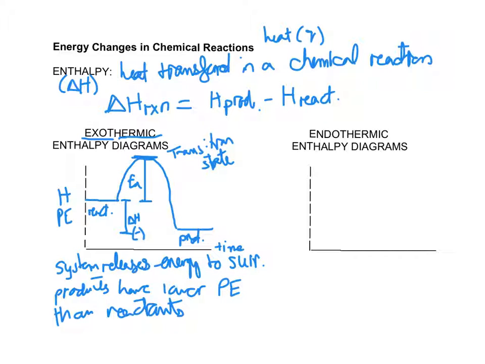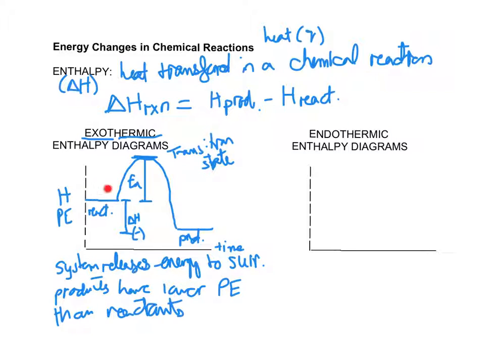Now, when this energy is released, it is released to the surroundings. The surroundings then take that energy in the form of heat. So the particles in the surroundings get faster and faster because they get hotter, because you're adding more energy. And because the surroundings are getting hotter, my system is also getting hotter just because the surroundings are touching my system. So in an exothermic reaction, everything gets hot.